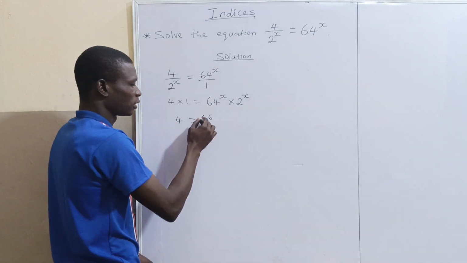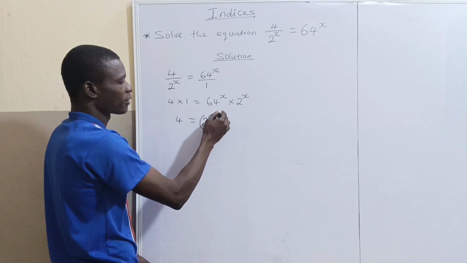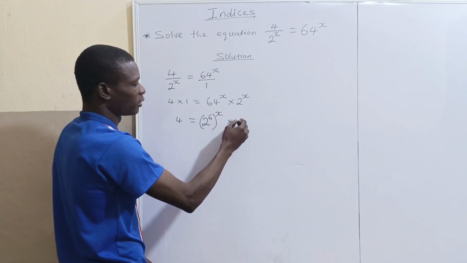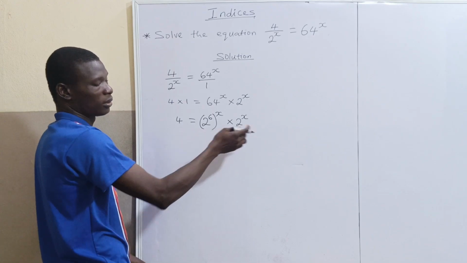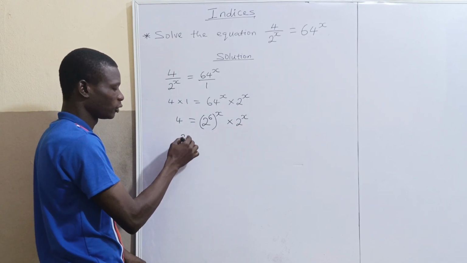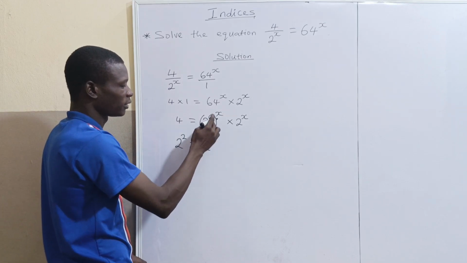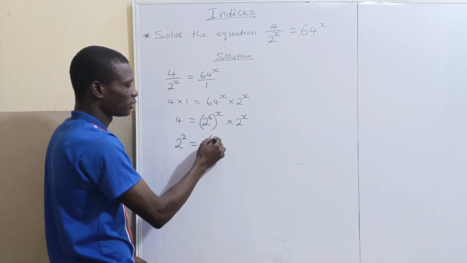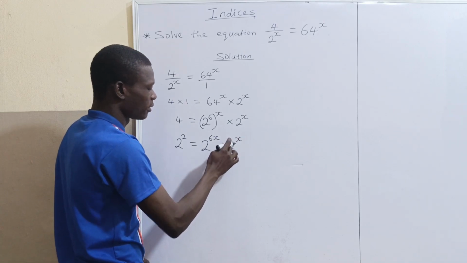So 64 is 2 raised to power 6. It is now being raised to power x. And this is to be multiplying 2 raised to power x also. So we can simplify. 4 also is 2 raised to power 2 because 2 raised to power 2 is 4. And this is 2 raised to power 6 multiplied by x, 6x, then multiplied by 2 raised to power x.